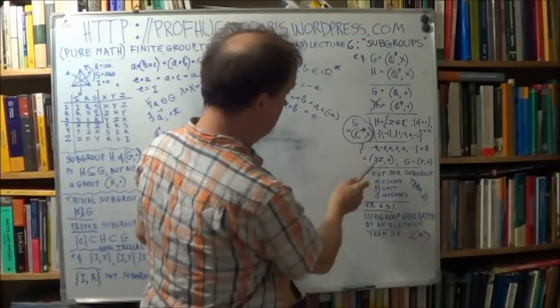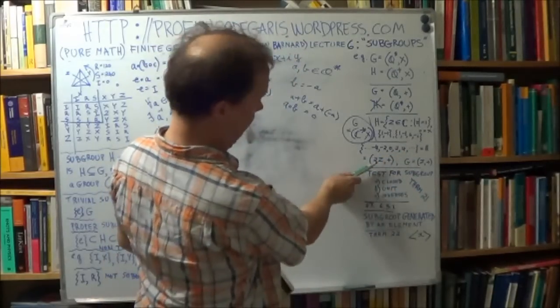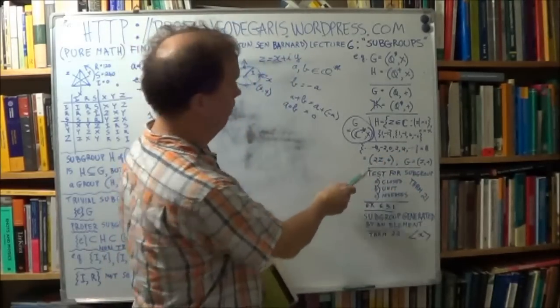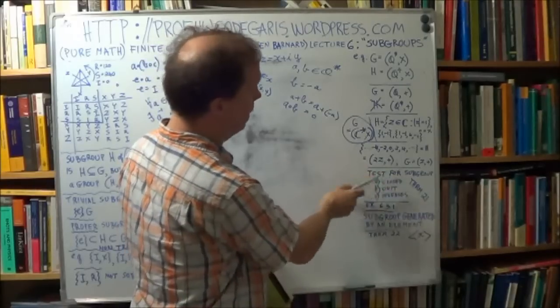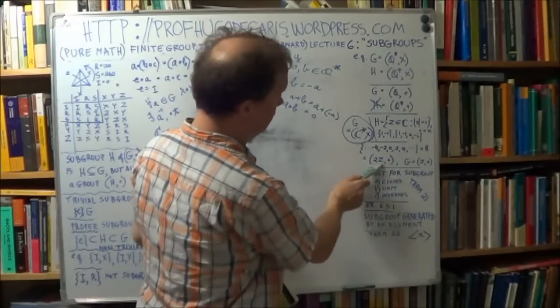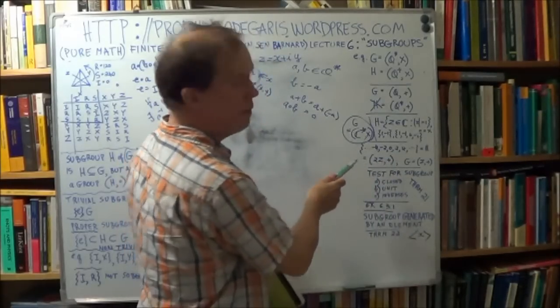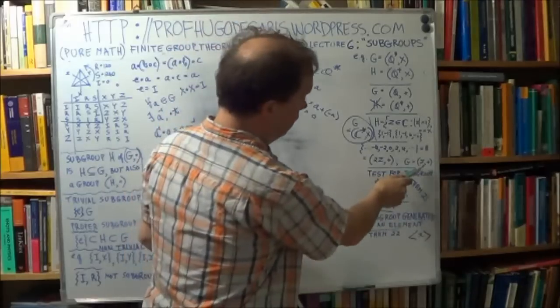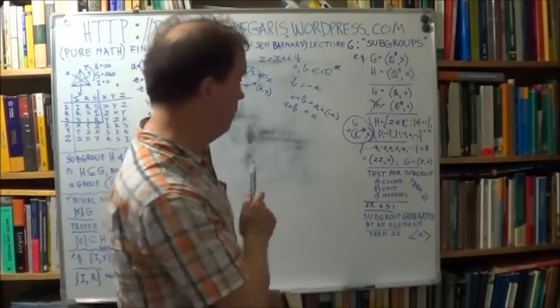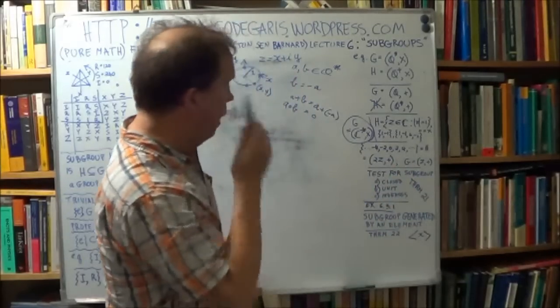So H you can rewrite as 2Z, with the binary operation plus. So this H, this subset, is a subgroup of Z. That's very obvious.